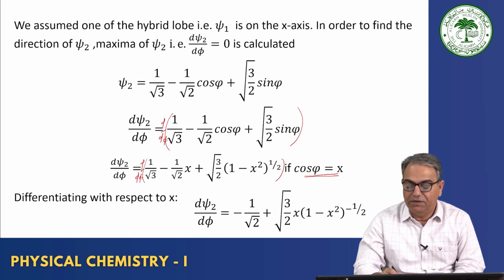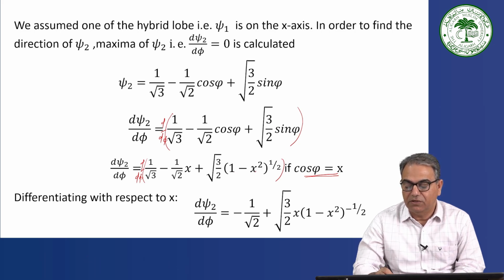Which I have written as root of 1 minus x square, because cos phi is x, so it will be 1 minus cos square phi, and 1 minus cos square phi will be sin square phi, and if you take a root it will be sin phi. So I can write sin phi as root of 1 minus x square.